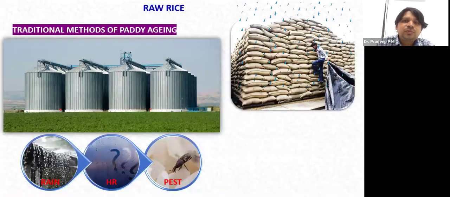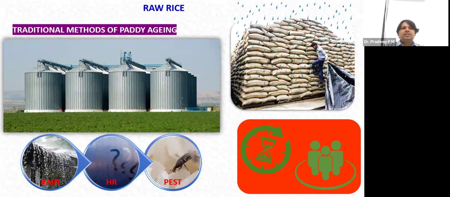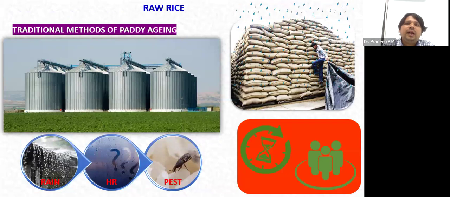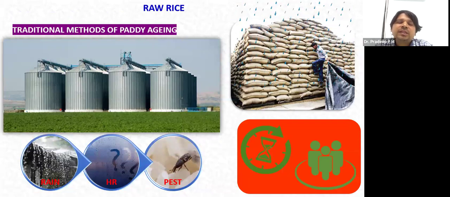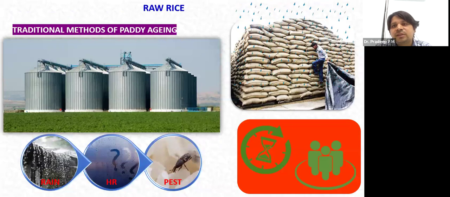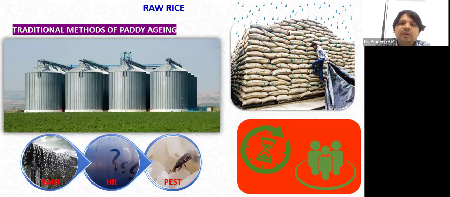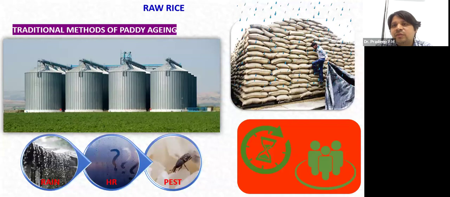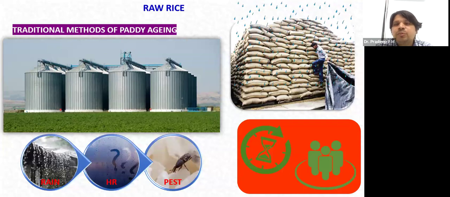By traditional methods, we store the paddy and then mill it to produce the raw rice. But the challenges in this are unprecedented circumstances, where suddenly we may get rain or the climate may hit when we expose this paddy to adverse environmental conditions.